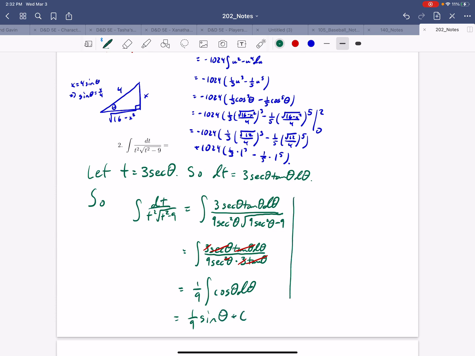Now remember, we're not done. We did the hard part pretty much because we did the substitution, we did the integration, but we still need to unsubstitute in terms of t. Well, when we draw our triangle, I'll draw it right here. This is our angle theta, and we know that t equals 3 secant of theta.